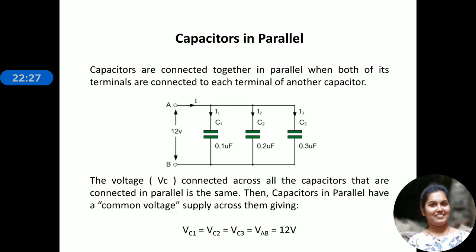Okay, so the total capacitance of parallel capacitors can be calculated in the same way as the total resistance of series resistors. So the currents that are flowing through each capacitor can be written as follows. In a series circuit, as the voltages are different, we wrote an expression for voltage.